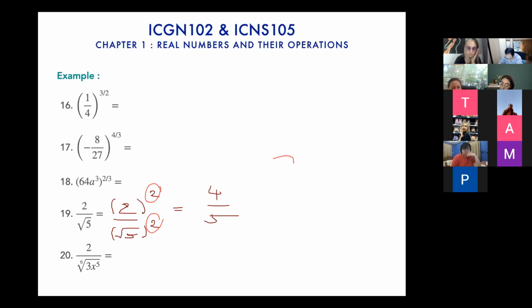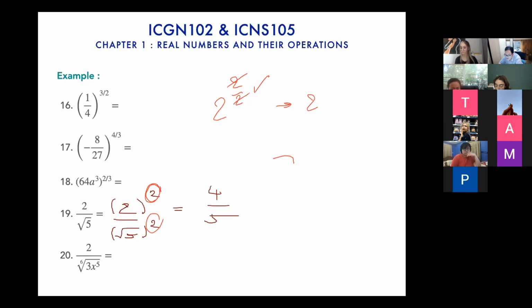If you have 2 to the power of 2 over 2, this one is acceptable because I just do elimination, 2 to the power of 2 over 2 equals 2. But in this one, 2 squared here, there's no reason to have the square here because you cannot eliminate anything. That's why you cannot take the square like this on both.